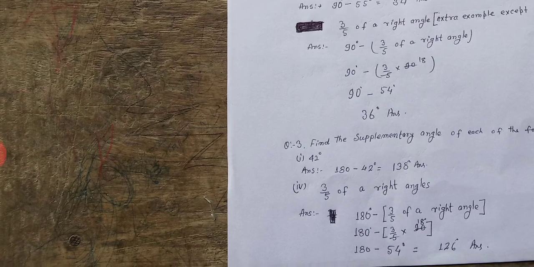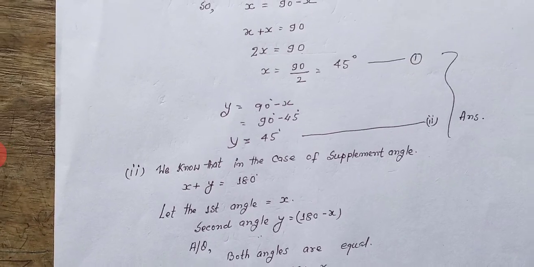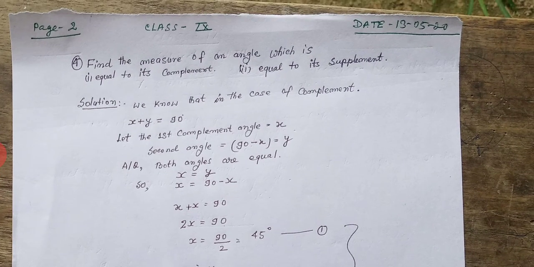Now question number 4, find the measurement of an angle which is equal to its complement and second equal to its supplement. First question is going to be solved. We know that in the case of complement, x plus y is equal to 90 degree.